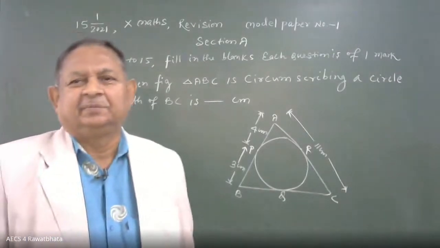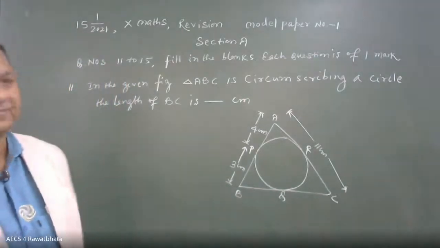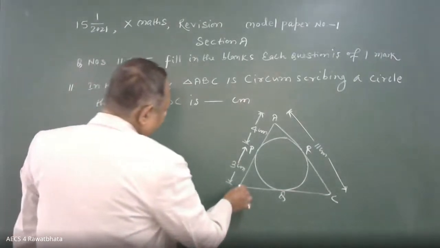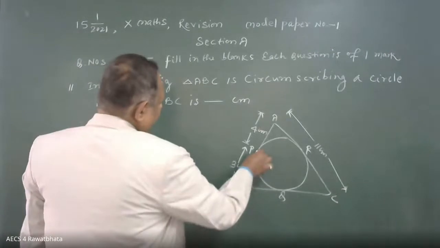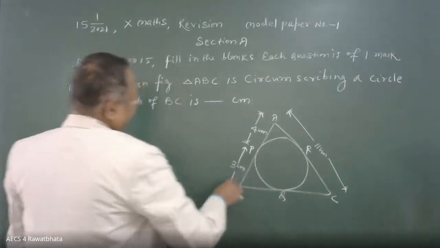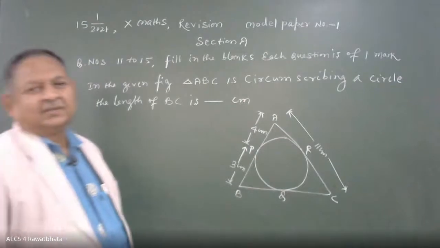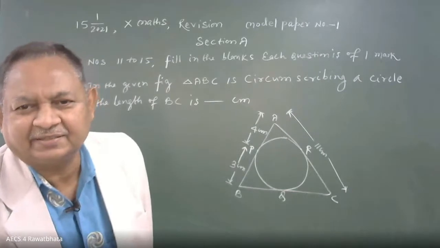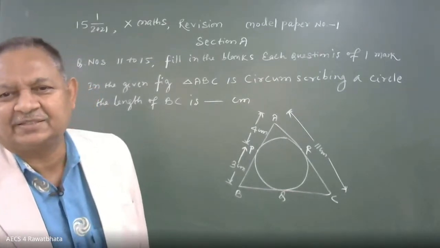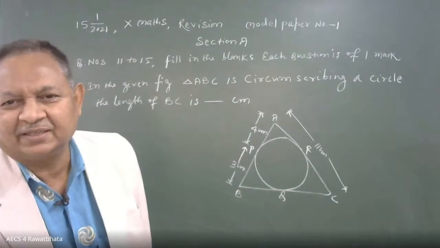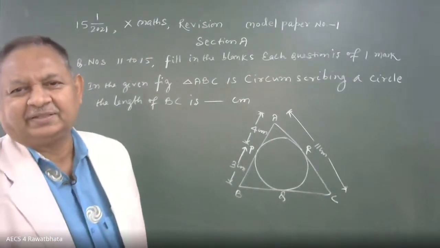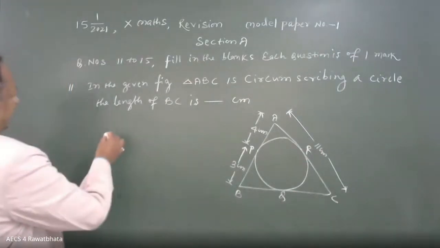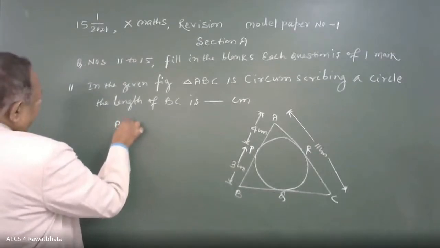Point B is outside the circle. Two tangents drawn from a point outside the circle are equal, 10 centimeter. So BP will be equal to BQ, 3 centimeter.